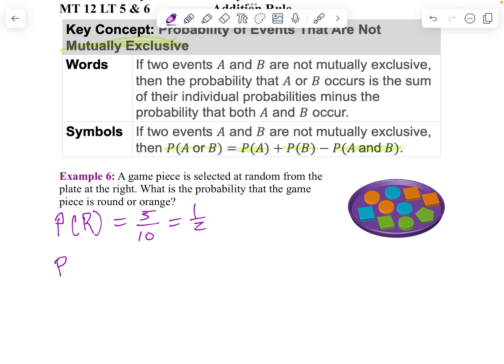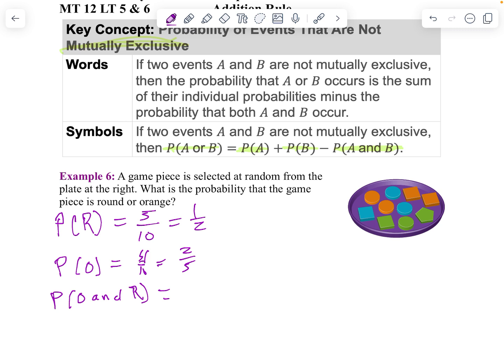Now, let's find the probability that it's orange. Well, on the orange ones, I got 1, 2, 3, 4. So I've got 4 out of 10, or 2/5. Now, what's the probability that it'll be orange and round? Because those are the ones that I double counted.